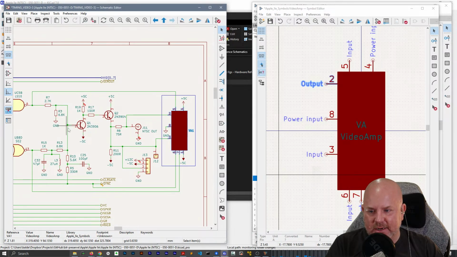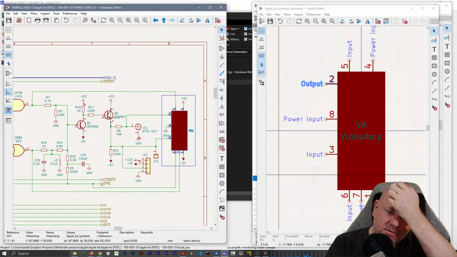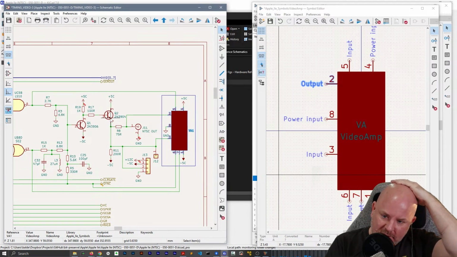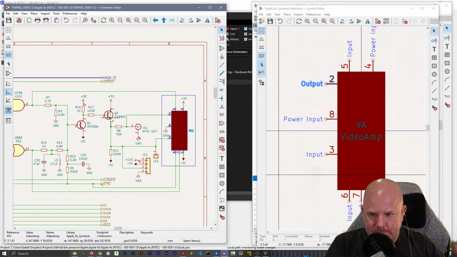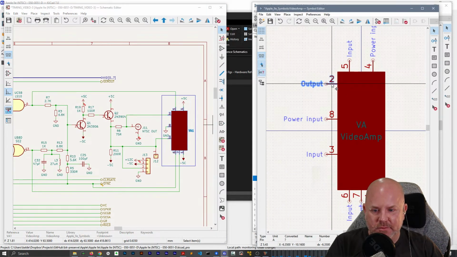Because this looks like it outputs to here. So then this is amping that, and then this is another amp. So I actually changed my mind. This is clearly an input.